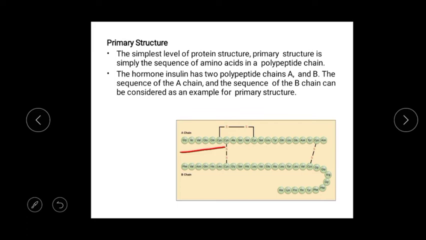Sometimes you can see a sulfur-sulfur bond, an SS chain. The primary structure of proteins refers to the sequence in which amino acids are arranged in proteins. Each protein has a specific sequence of amino acid units which is critical to its biological activity.